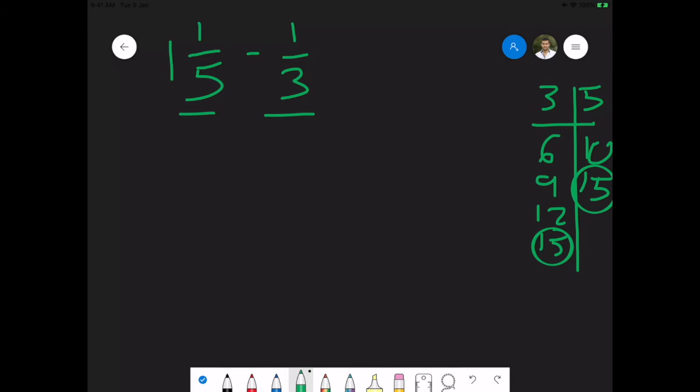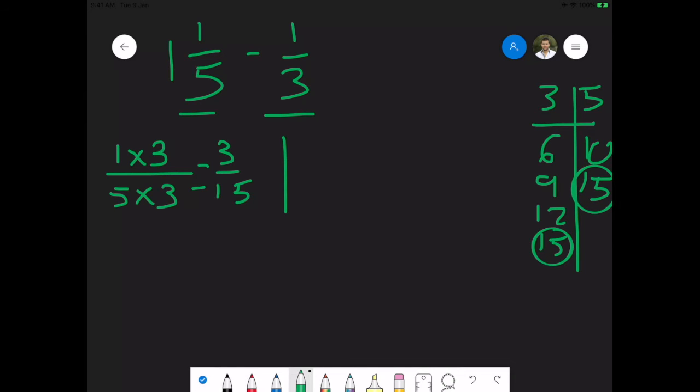So let's take each fraction separately. We will take a fifth first and produce an equivalent fraction with a denominator of 15. So we will need to multiply by 3 the numerator and denominator. So I have 3 15ths.